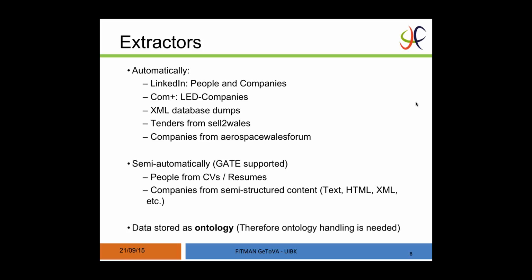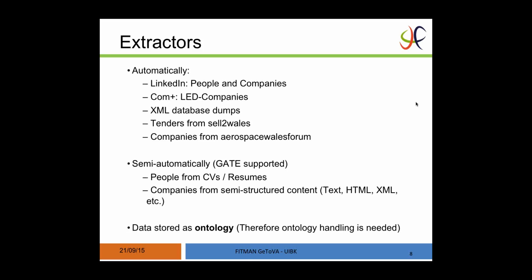This is also done automatically. We have some extractors for XML database dumps. We were able to extract tenders for Sell to Wales from the Sell to Wales page, and companies from the Aerospace Wales forums.